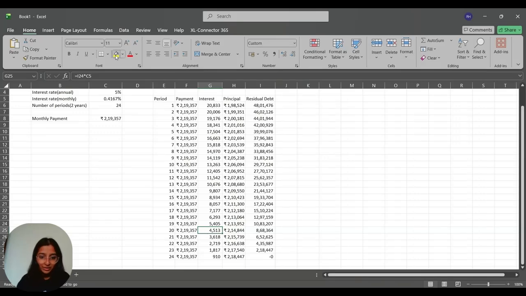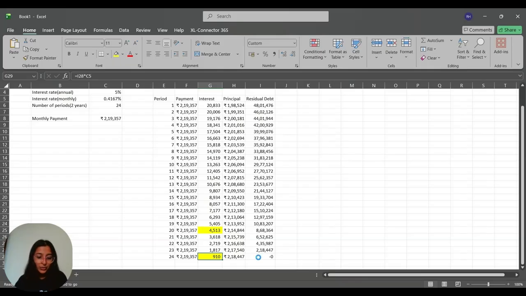Let's just highlight this one and the 24th month, which is the last month. For the 20th month it is 4,513, and for the 24th month, only after 4 months, it drops to just 910 rupees. This means that nearly the entire EMI is principal. The loan is almost fully paid off by the last few months.